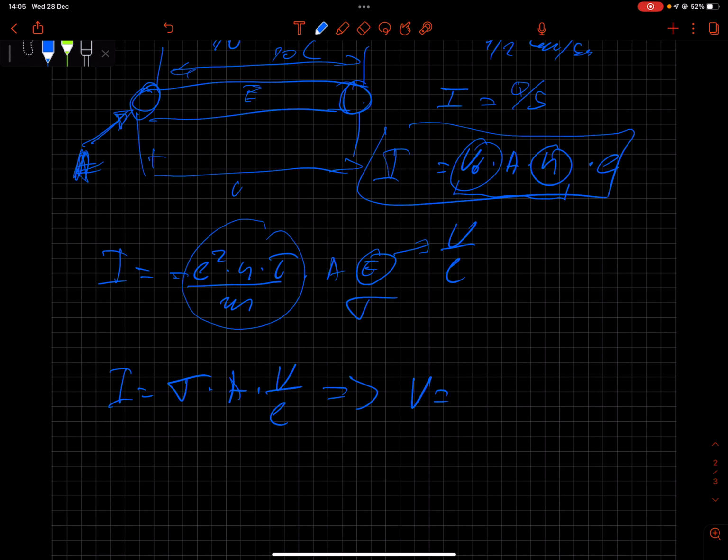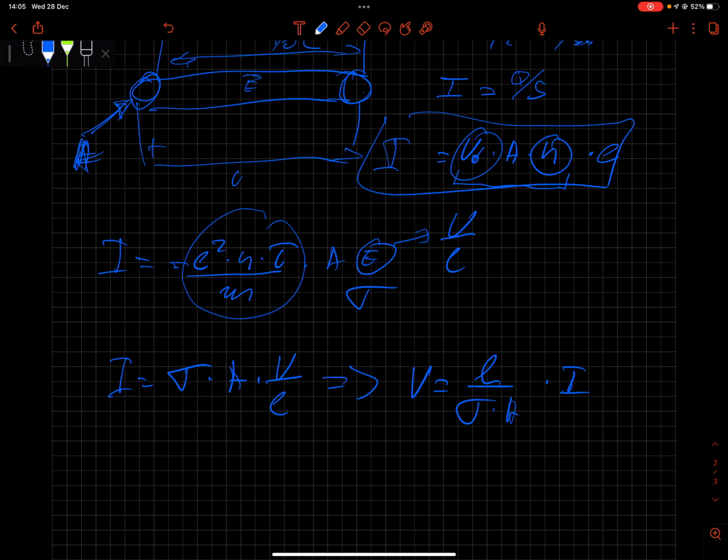We can write it with L, tau, A and E. And actually this is Ohm's law. So this here is resistance, and this is the final form of Ohm's law.